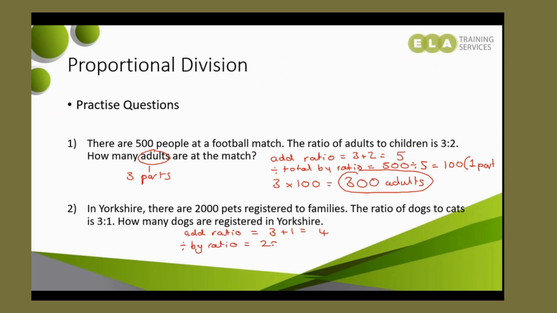So 2,000 divided by 4 equals 500, and that's 1 part. And then we need to have a look at how many dogs. So the ratio of dogs is 3. We then do 3 times 500, which tells us 1,500 dogs are registered in Yorkshire. And that is proportional division.